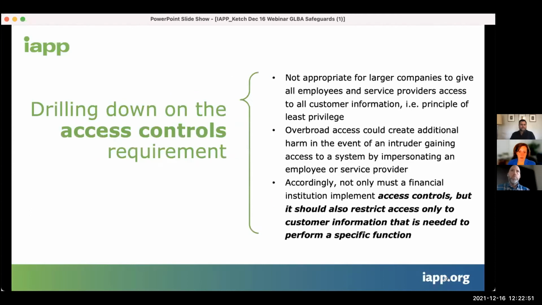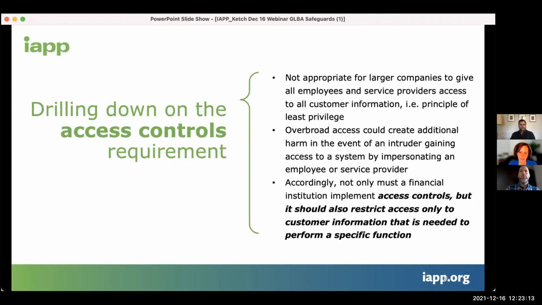Right, so on access controls, the FTC concluded that it applies to all customer information, whether it's housed in information systems or physical locations.